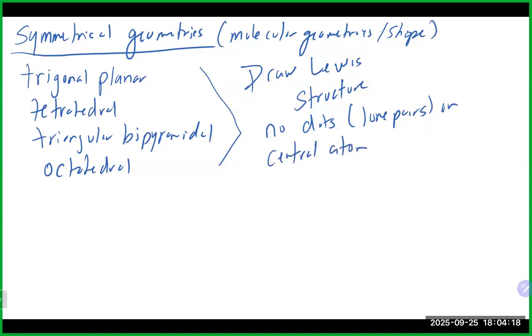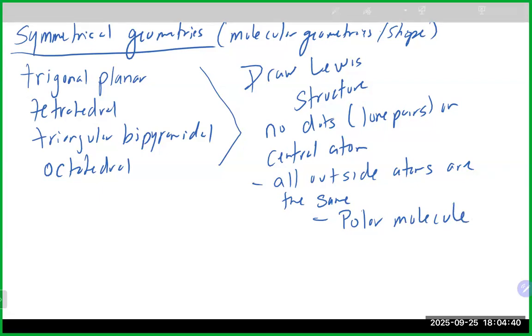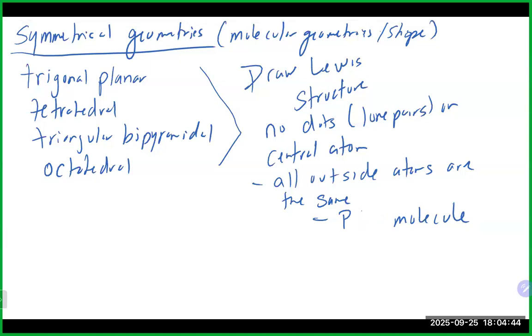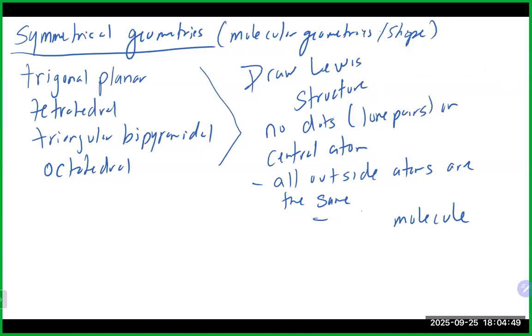And if they have no dots or lone pairs on the central atom and all the outside atoms are the same, you are going to end up with, in pretty much most cases, a polar molecule. I'm sorry, a non-polar molecule. Let me say that correctly. I had a 50-50 chance there, but I was thinking and wrote the wrong thing. Non-polar molecule would be a much better thing.